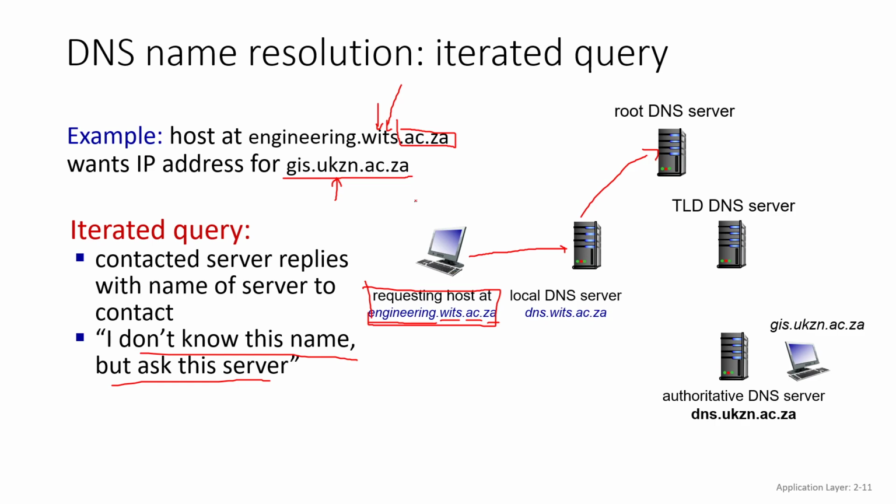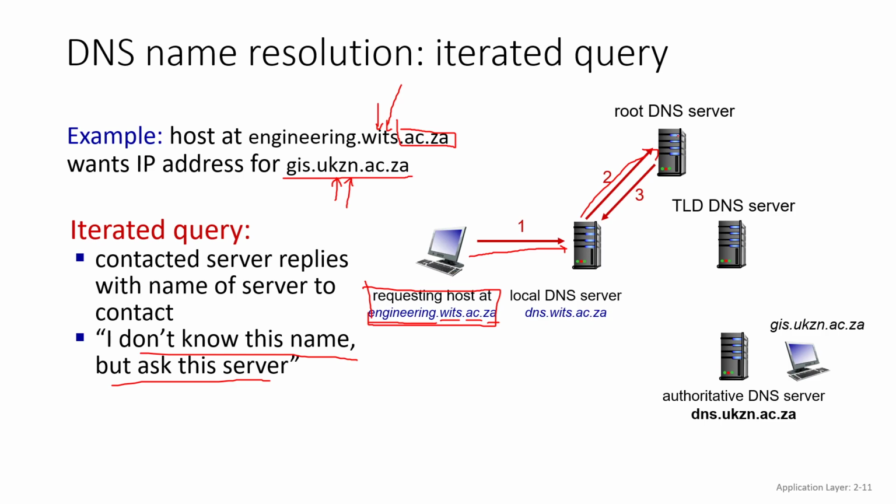So what does it do? It goes to one South African root DNS server and says, okay, cool. I'm looking for ukzn.ac.za. I basically want gis.ukzn.ac.za. So the root server says, okay, you know what?